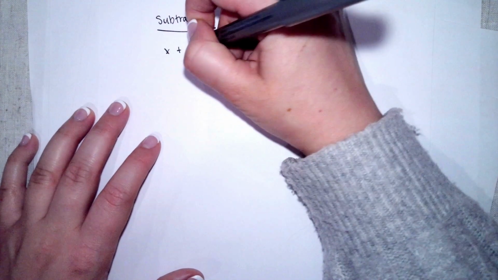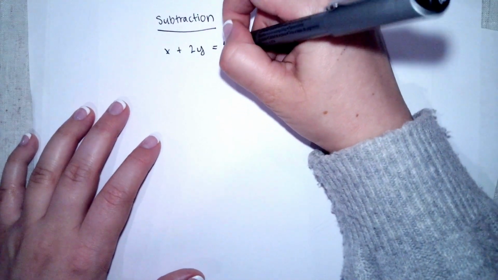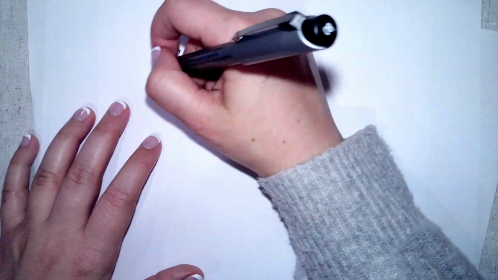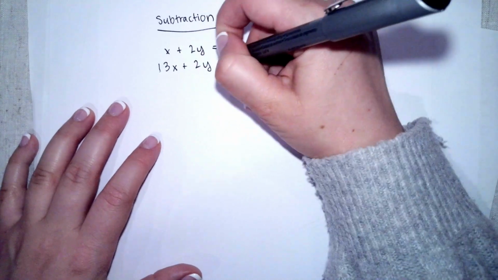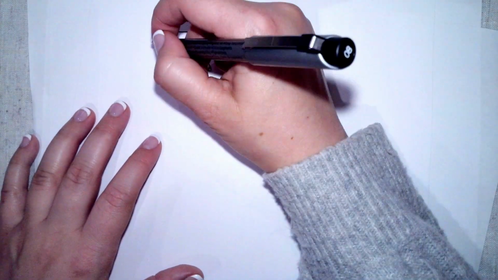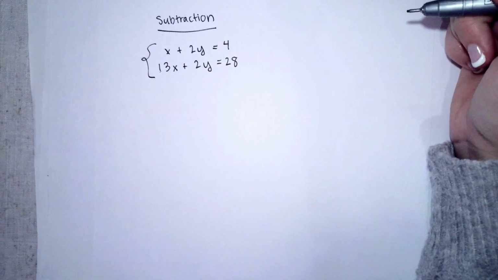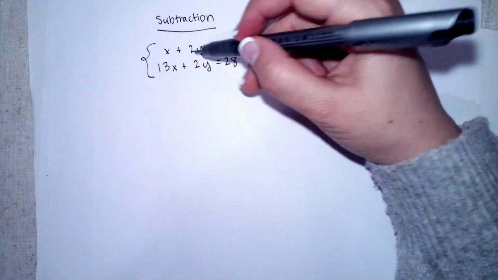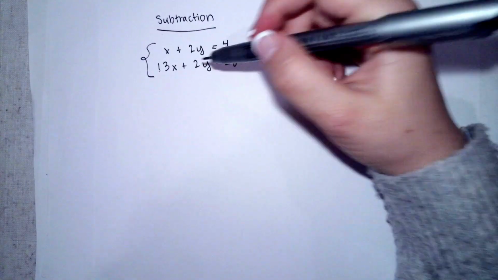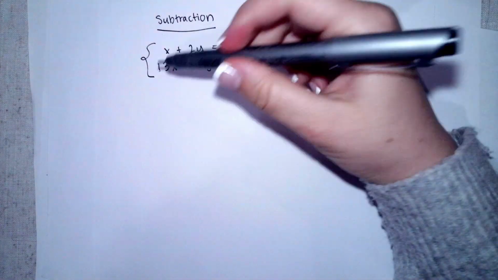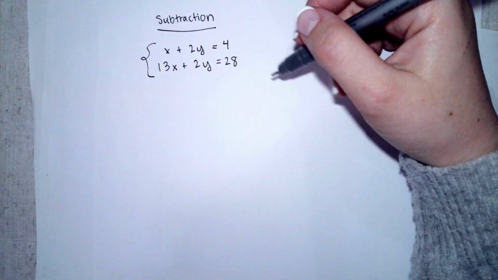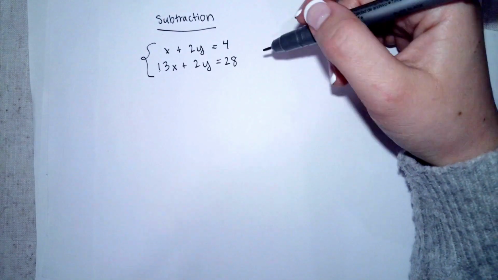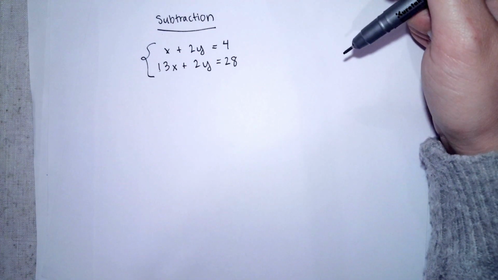If we have x plus 2y equals 4 and 13x plus 2y equals 28, then we have a system. This is really similar to the one before. We have a 2y and a 2y, but both of these 2y's are positive. So if we end up adding these together, then we're just going to get 4y and they're not going to cancel out. So what we need to do is turn one of these equations negative.